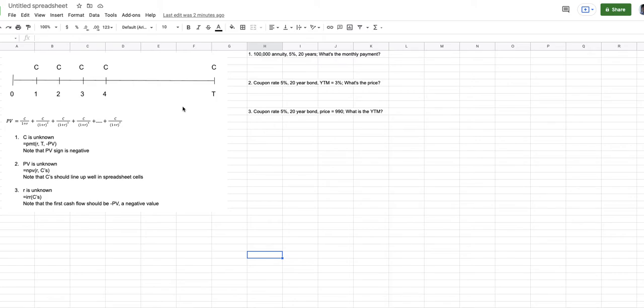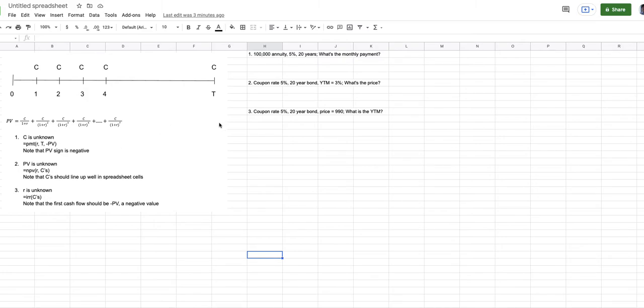Or in case number two, if you don't know the price, the present value of this stream of payments, like a bond, you know the coupons, the number of periods, and the yield to maturity, which is R here. Then you can figure out the value easily through the NPV function. One other possibility is that you know the coupon and the price, but you don't know the discount rate, which is the yield to maturity in bond pricing. So you can use the function IRR to figure that out.